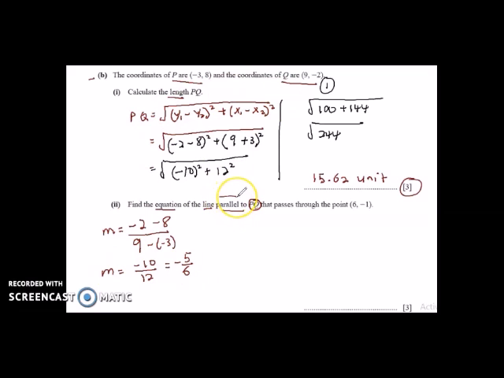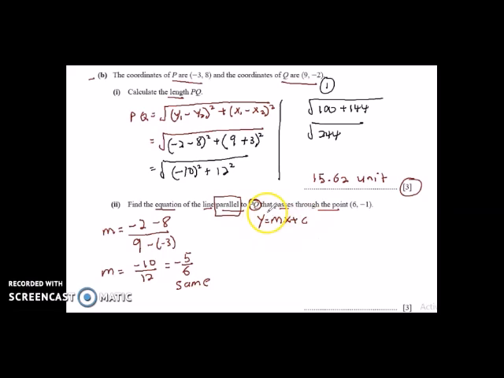This is the gradient of PQ. If it is parallel, it means the equation of this parallel line to this PQ, they'll be having the same gradient. So it passes through this point 6, negative 1. So we can use the same concept over here.